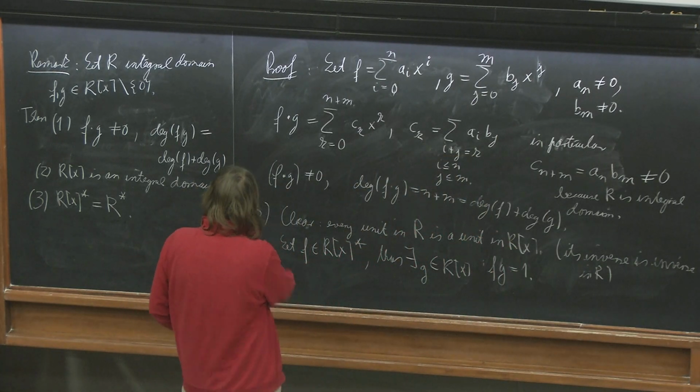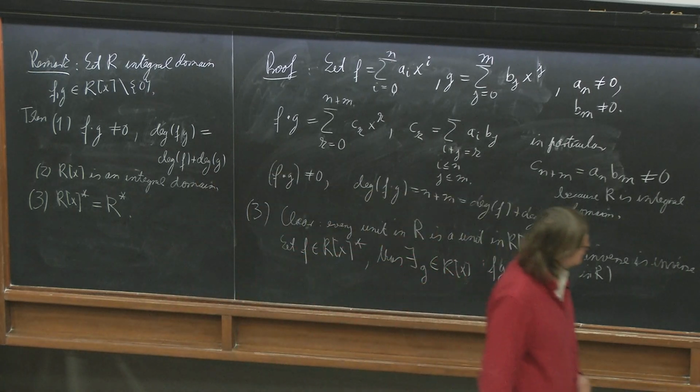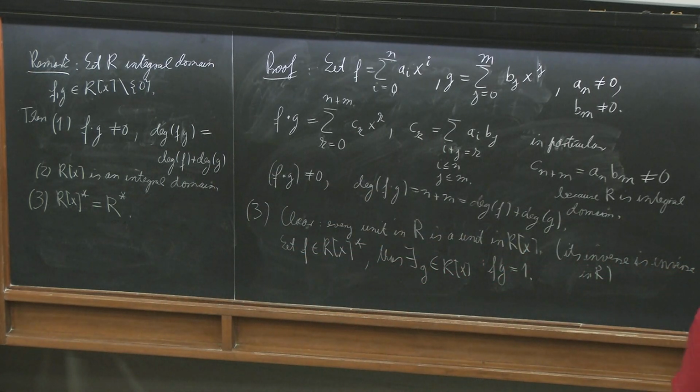But now I use this fact that the degree of the product is the sum of the degrees, so it follows that the degree of f plus the degree of g equals the degree of the constant polynomial 1, which is 0.